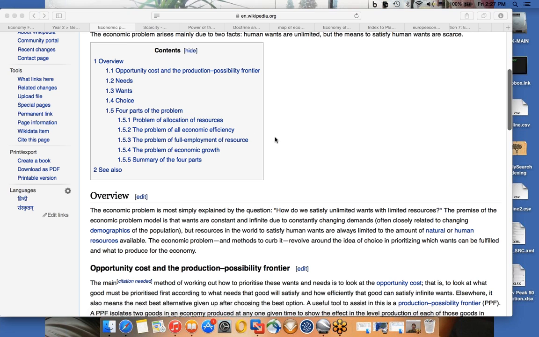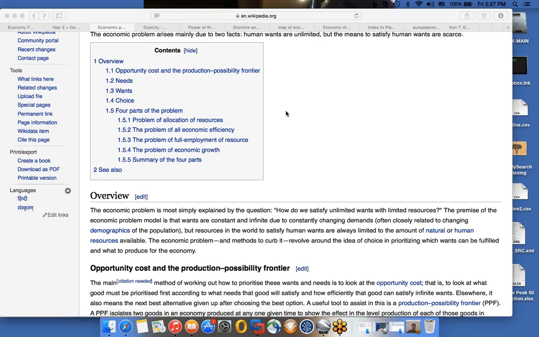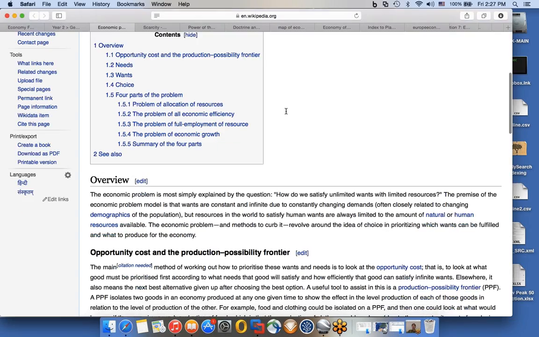The economic problem is really, considering all the wants and needs that are out there, how are we going to allocate the resources in order to satisfy the most wants and needs in an economy.